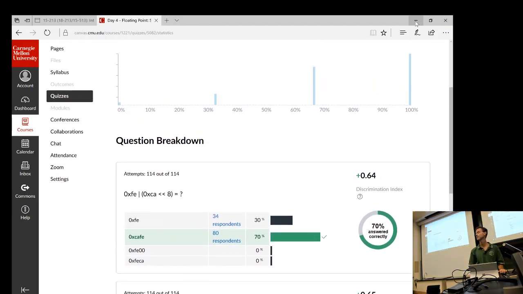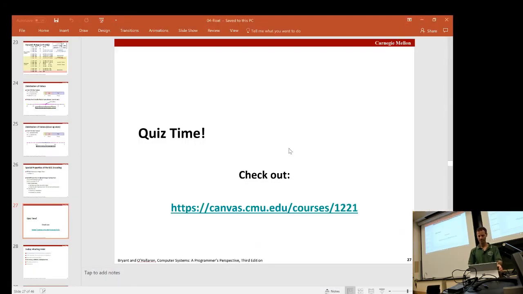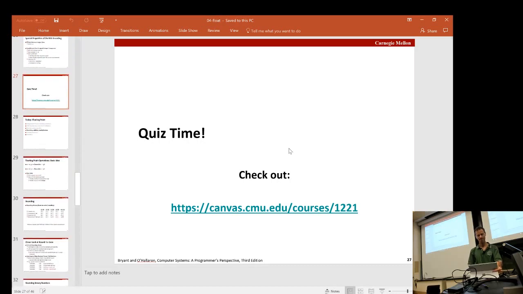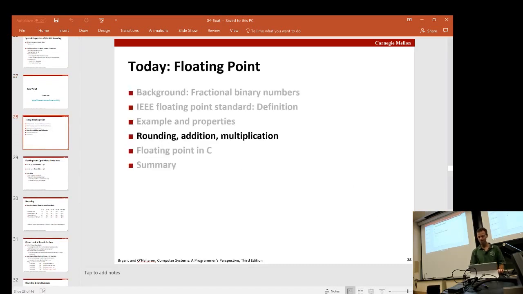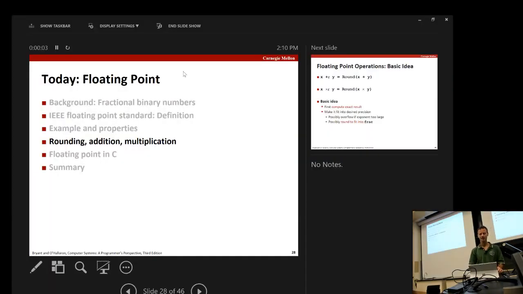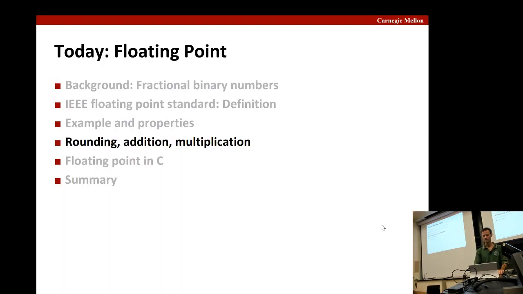Any questions on the quiz? Okay, so now let's move on and talk about rounding, addition, and multiplication.